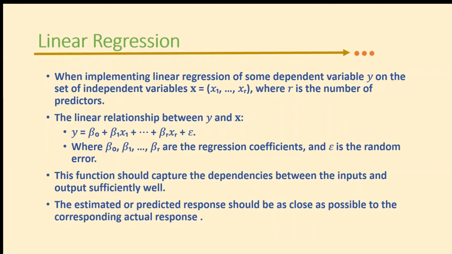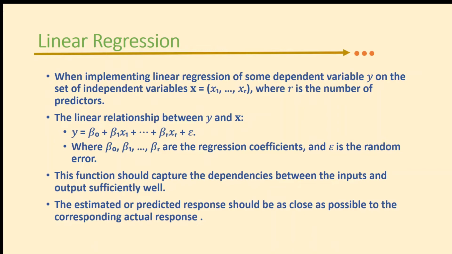Then linear regression uses the following formula to find the relationship between the target variable and the input features. The formula is y = β0 + β1x1 + β2x2 + ... + βrxr + ε, where β0 is an intercept that we will discuss later, and ε is a random error that we will also discuss later.